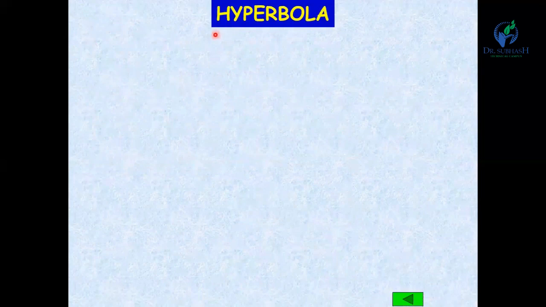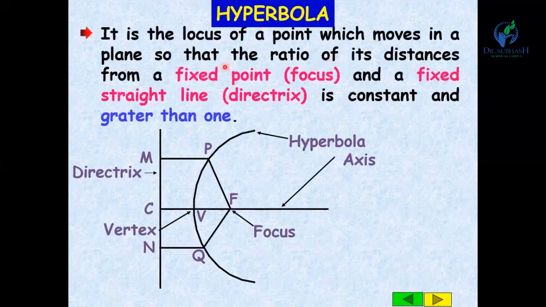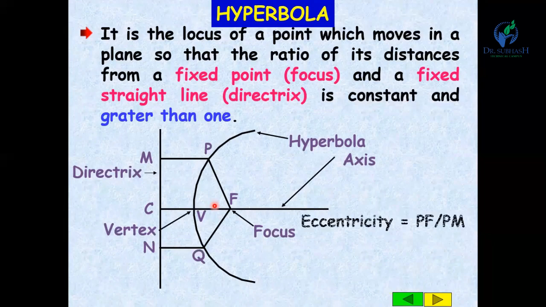Now let us understand what the hyperbola is. First, the definition. It is the locus of a point which moves in a plane so that the ratio of its distance from a fixed point, the focus, and a fixed straight line, the directrix, is constant and greater than 1. So as per the definition, here the eccentricity is always greater than 1.